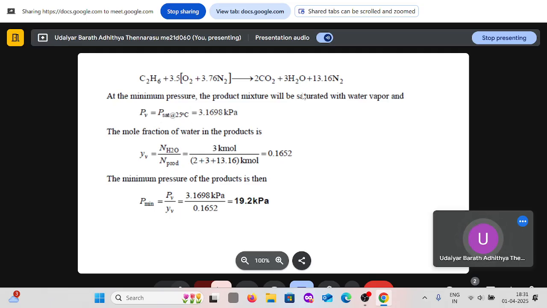We know that your product is going out at 25 degrees Celsius. So we estimated the saturated pressure corresponding to 25 degrees Celsius, and that is the partial pressure of the water vapor present in the product. At this condition, it should be saturated. If any lower, it will start condensing.